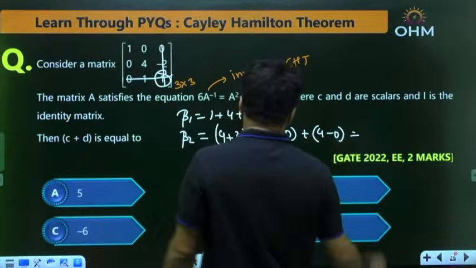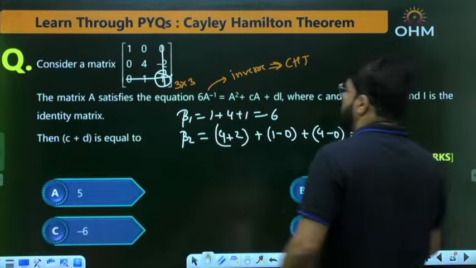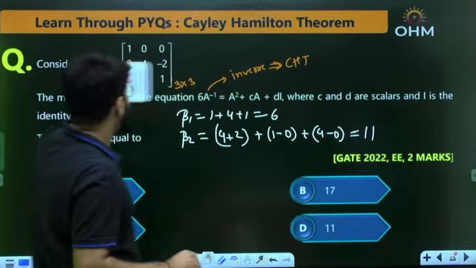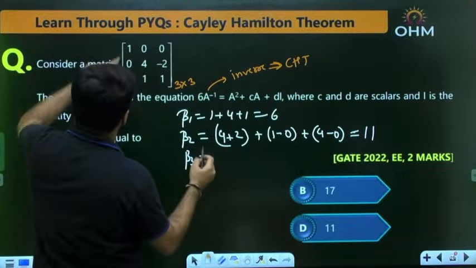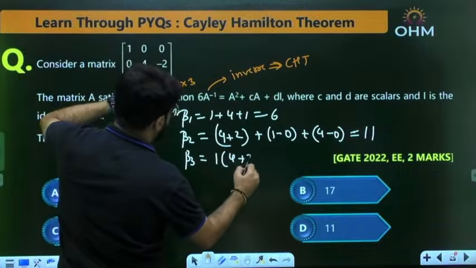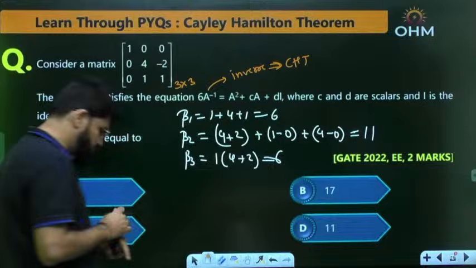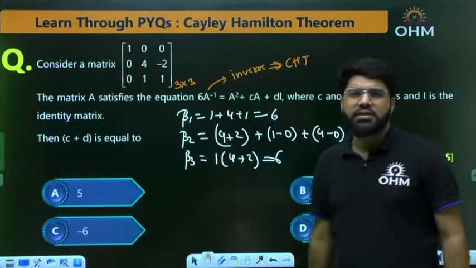So what is the answer here? 6, 7, 4, 11. So beta 2 is 11. Same beta 1, beta 2, beta 3 as last one, and beta 3 is the determinant. What is the determinant? Only this 1 and 4 plus 2. So determinant is simply equal to 6.